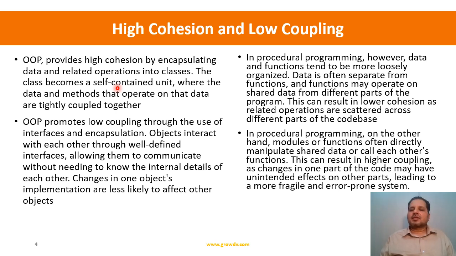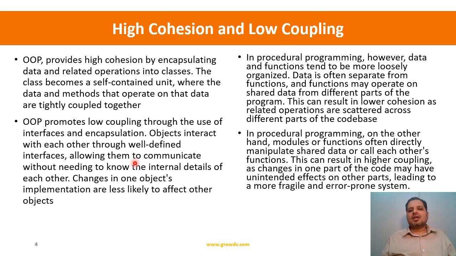There is no sense of relationship between them, and this lowers the cohesion, because their related parts could get scattered in different parts of the program, and there is no way to prevent that, or no way to promote a construct where we can put them together. So that's why procedural programming results in low cohesion, whereas object-oriented programming results in high cohesion.